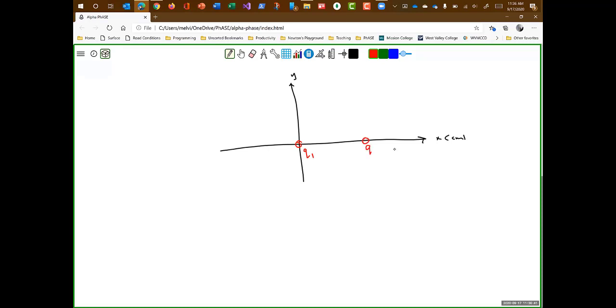Here's charge 2. Charge 2 is at the location x equals 1 centimeter. I'll just go ahead and call this A because I like dealing with variables. It's easier for me to write A than 1.0 centimeters every time.